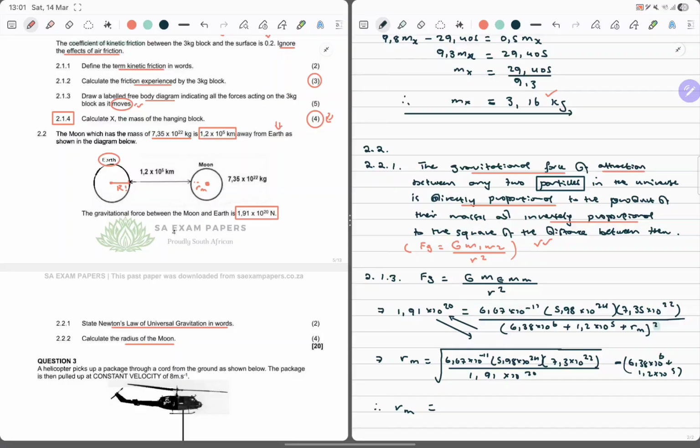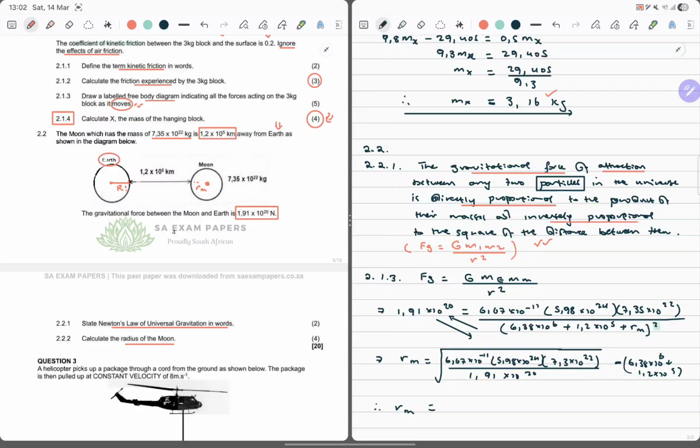See, we avoid trouble, but be very careful. 6.67 times 10 to the minus 11 into 5.98 times 10 to the 24 into 7.35 times 10 to the 22, all divided by 1.91 times 10 to the 20. We can just do it, guys.